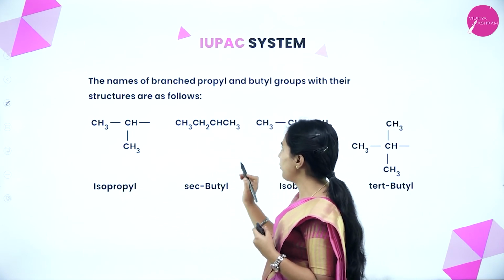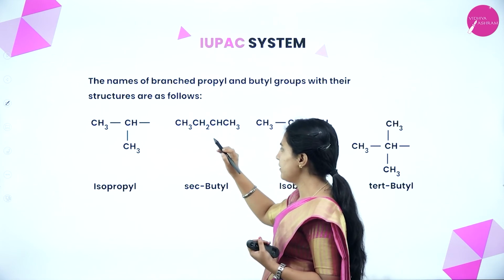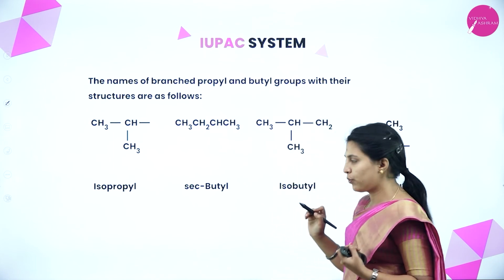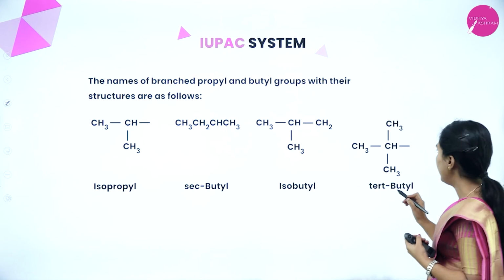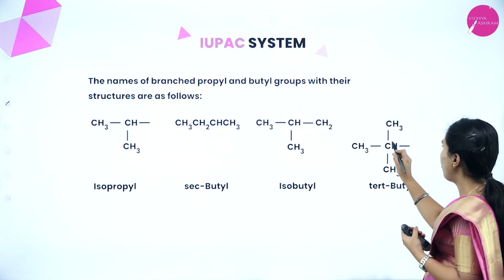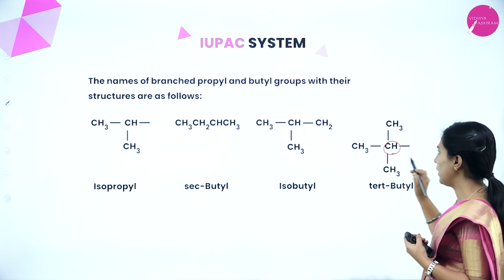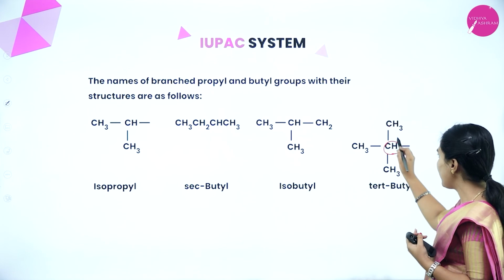This is secondary butyl. Meth, eth, prop, but, 4 carbon atoms. 1 CH, 2 carbon atoms are present, that's why secondary. And here isobutyl, this is tertiary butyl. See here, 1 CH group is there, for that 1, 2, 3. Tertiary means 3. Here overall carbon atoms 4.